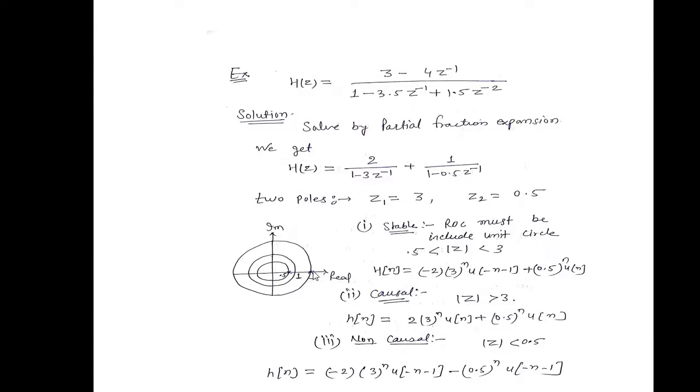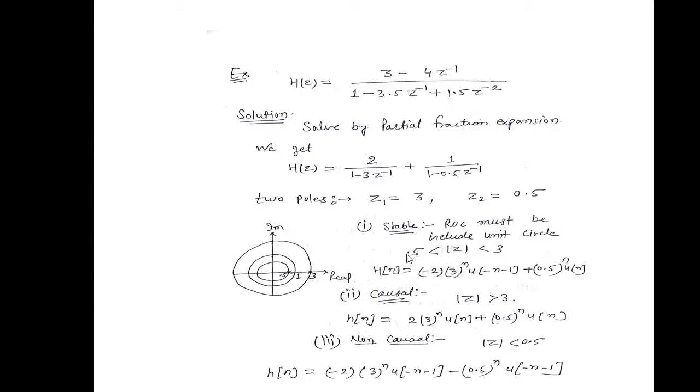ROC greater than 0.5 and less than 3, then that particular ROC will include the unit circle. Otherwise, there are 2 more cases. First, the ROC can be greater than 3; then it is not including the unit circle. And if the ROC is less than 0.5, then also the ROC is not including the unit circle. So there is only one case, ROC greater than 0.5 and less than 3.